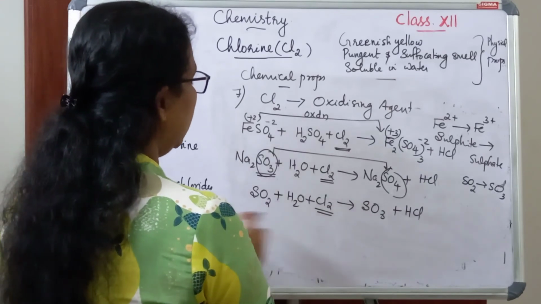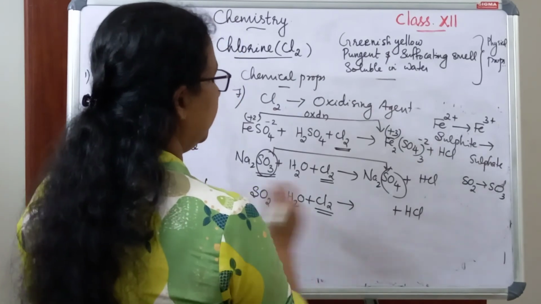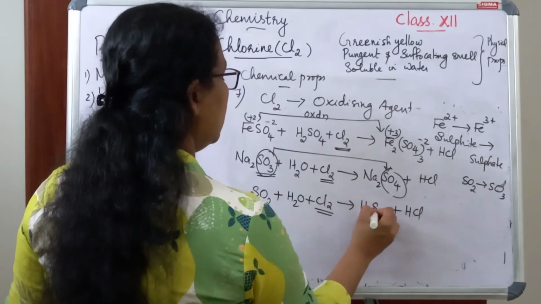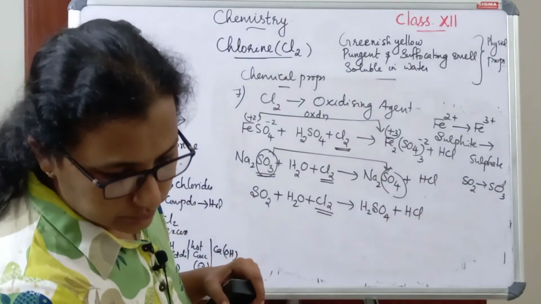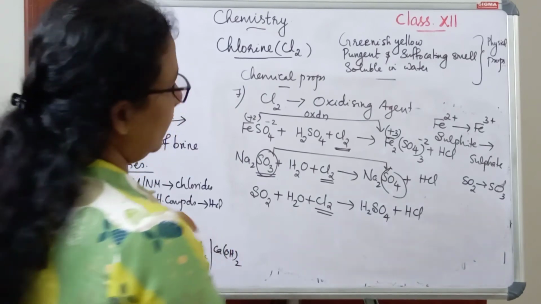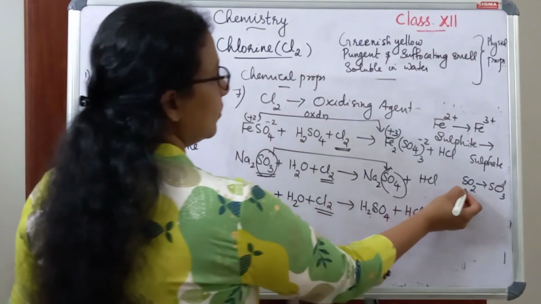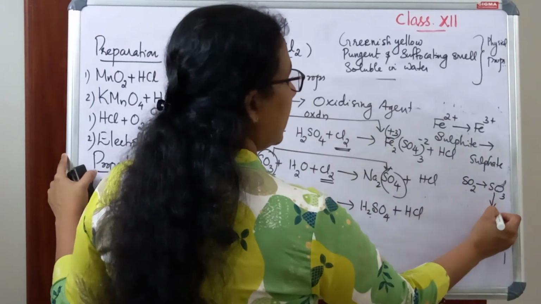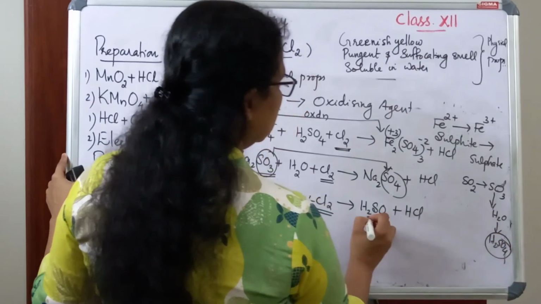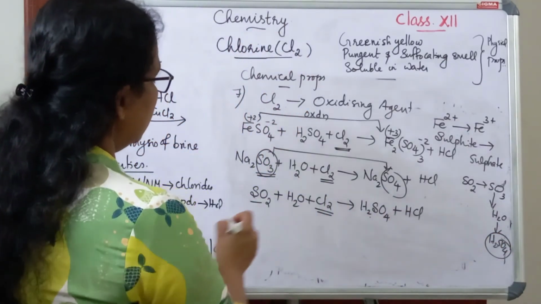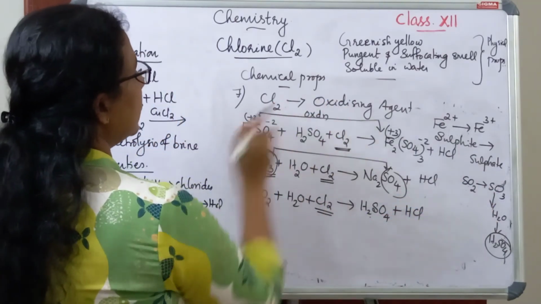Actually this SO3 reacts with H2O and produces H2SO4. Actually SO2 changes to SO3, which reacts with H2O and produces H2SO4. So this will be the products. So SO2 changes to SO3. That is another reaction which shows the oxidizing property of chlorine.